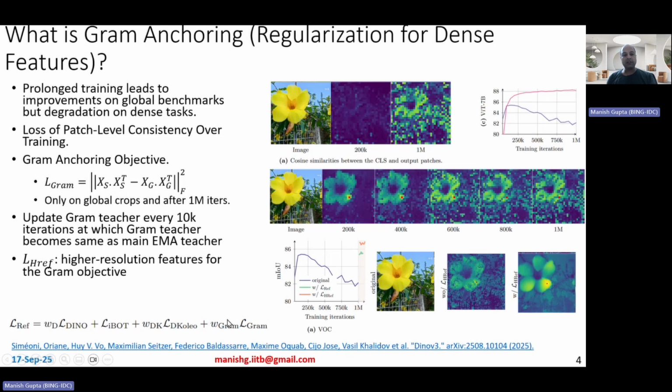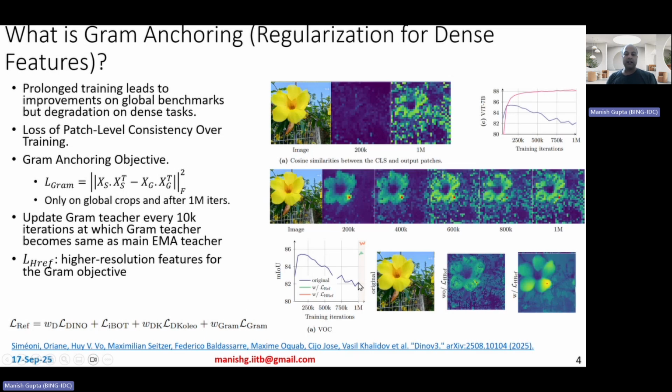Now what is observed is that, interestingly, if you look at this object detection, object localization task, for the first 1 million iterations, while you did not have the gram anchoring objective, the validation loss keeps on decreasing.